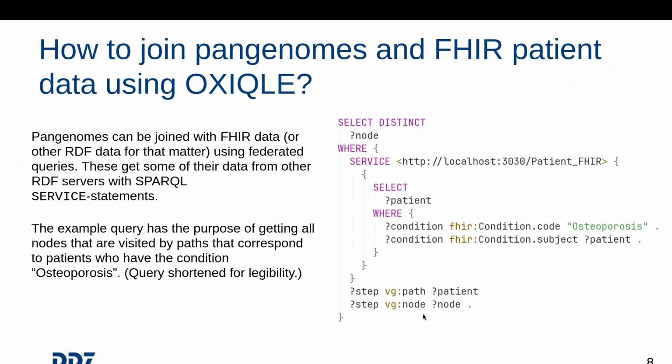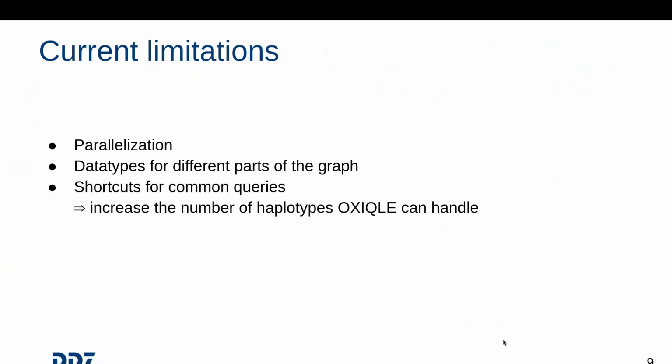This simple query has the purpose of getting all the nodes that are visited by paths, which correspond to patients that in turn are linked to the condition osteoporosis. And so we can look at this collection of nodes. This query is shortened a bit for legibility, but in practice it is not much longer.